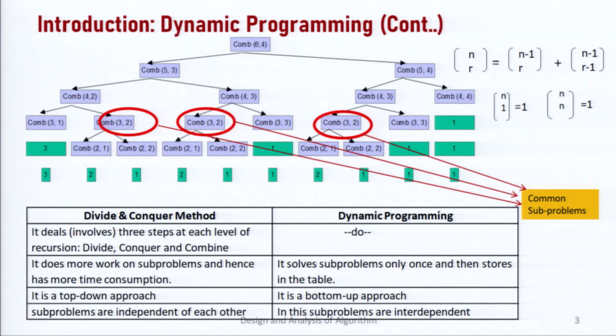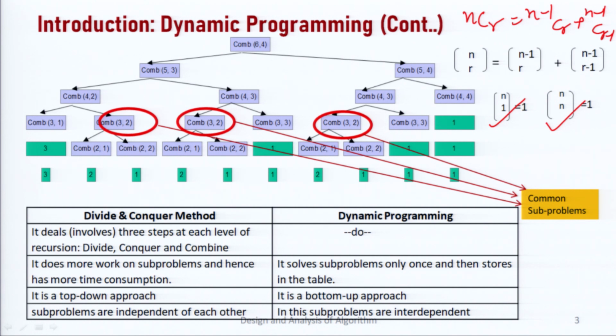We know the formula of combinations, that nCr is equal to n minus 1 C r plus n minus 1 C r minus 1. This is the well known formula for combinations. Similarly nC1 is equal to 1 and nCn is equal to 1. So this is the basic definition of a combination problem.